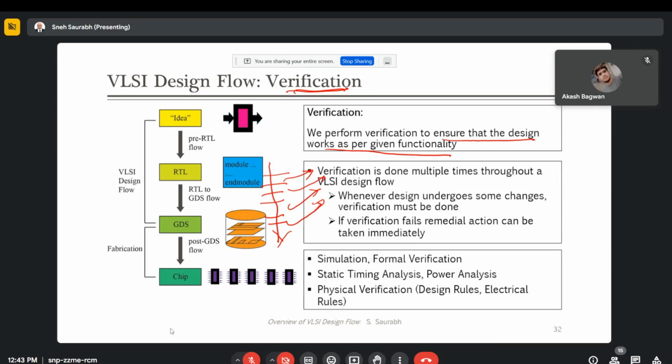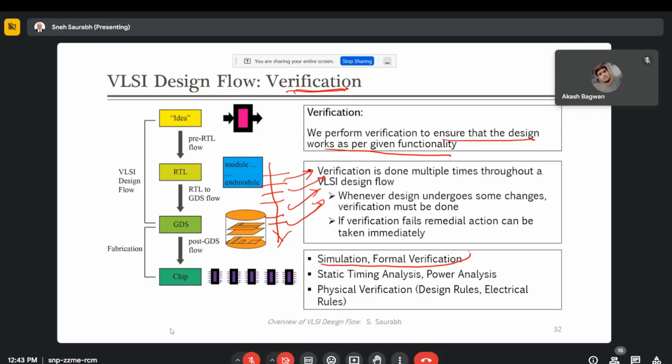Now, there are various methods of verification, and I'm not going to detail them because I think I'm close to running out of the allotted 1.5 hours. So I'll just mention the various types of verification.